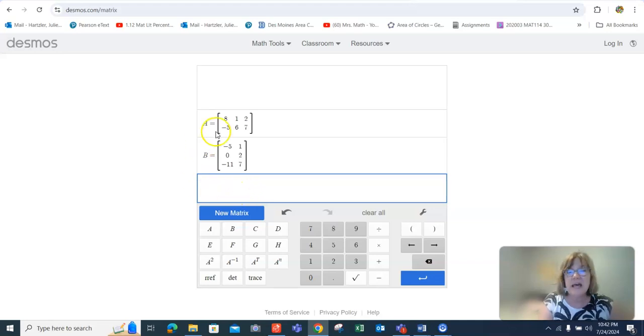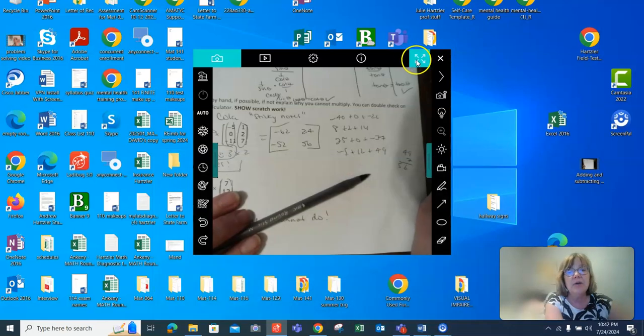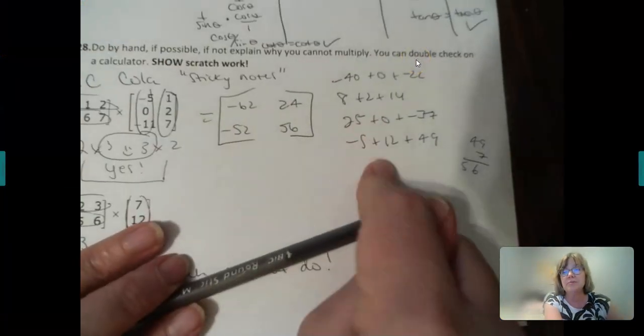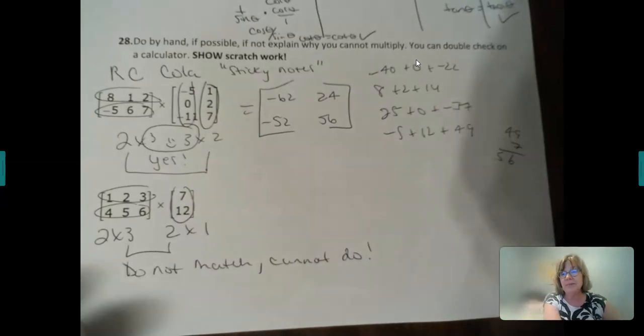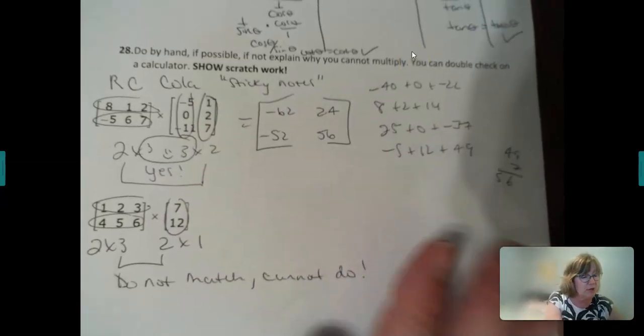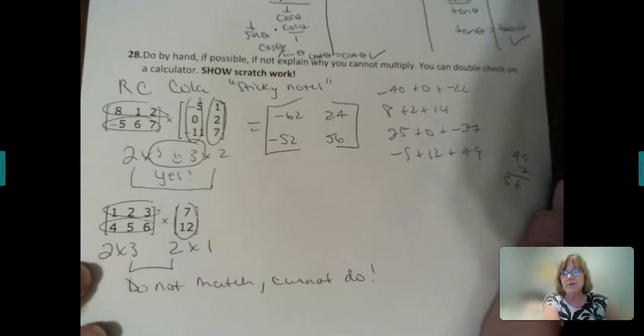What I want to do is A times B, because remember, order matters. Did I get this one right? Yay, I did. Now on a test, I would want to see the scratch work, to prove that you know how to do it by hand. All right, I'm going to stop here. This is number 28, and then we'll keep going.